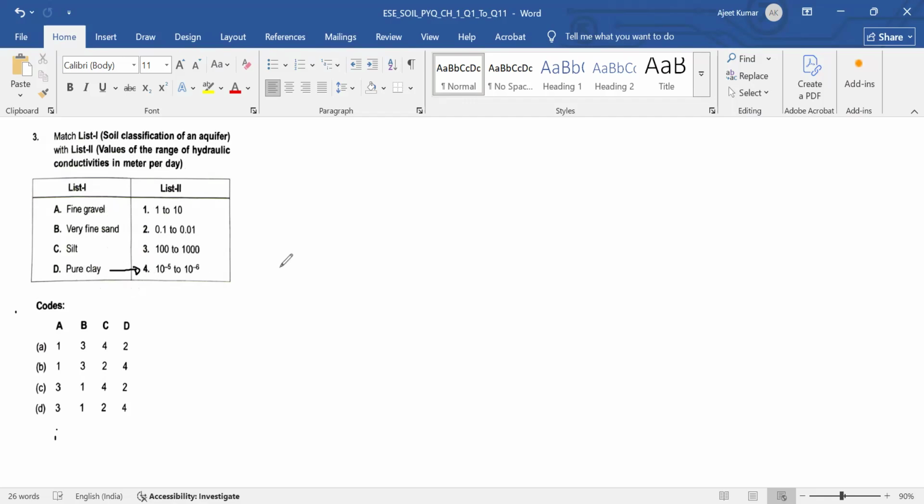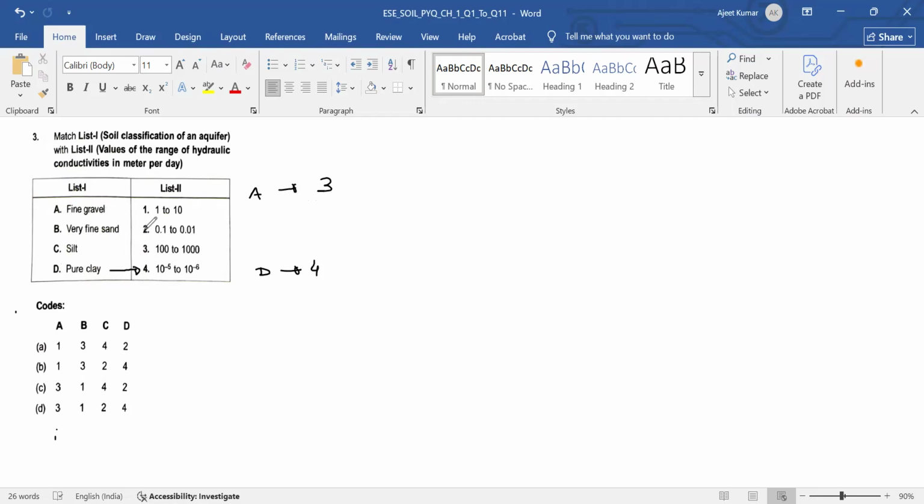So D is 4. And fine gravel has the highest hydraulic conductivity among A, B, C, and D. So the highest one is the third, 100 to 1000. So for A it will be 3. And from very fine sand and silt, the silt has lower hydraulic conductivity compared to very fine sand.